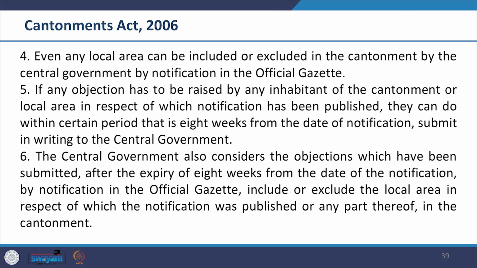It can be even further ahead of that, given that it is acknowledged by the government. So for the purpose of planning, we see that any area can be declared or cease to be a cantonment, even a part can be declared so, and there can be directives in addition to the Act. The boundary is also determined by the central government. There is provision to raise objection as well for the people affected by these notifications.